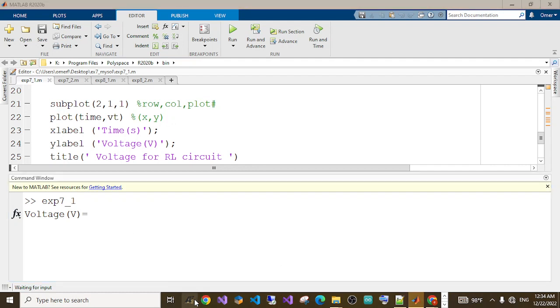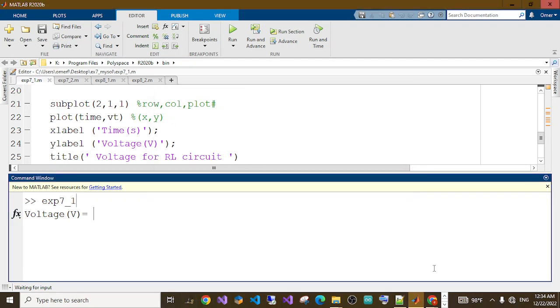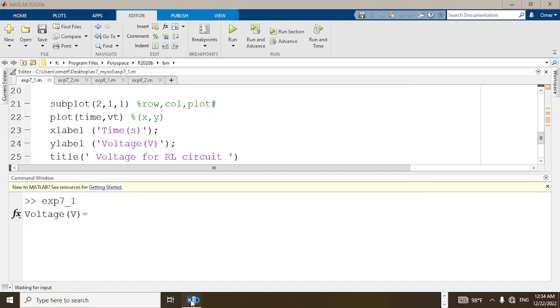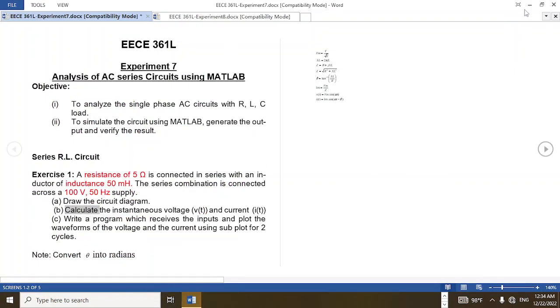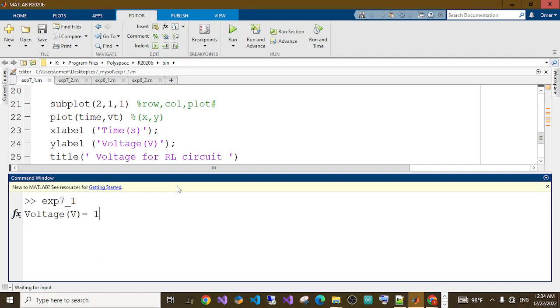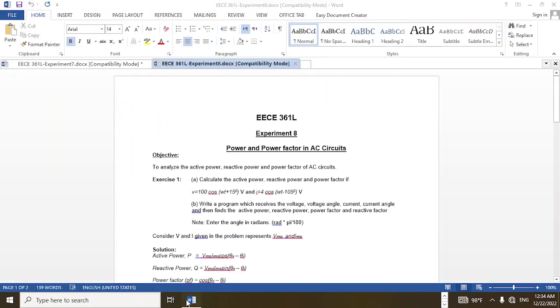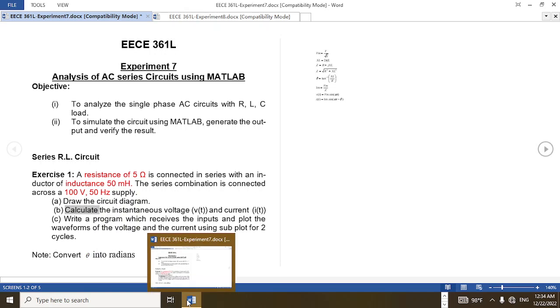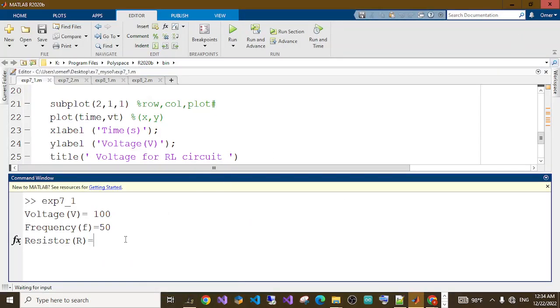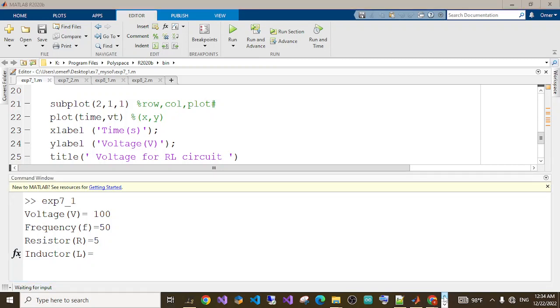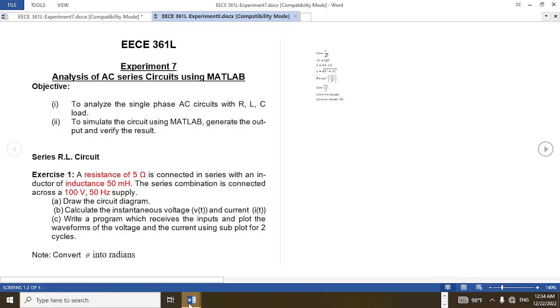So voltage is going to be 100 volts. Enter. Frequency is 50. Resistance is 5 ohms, and the next thing we need is the inductance.